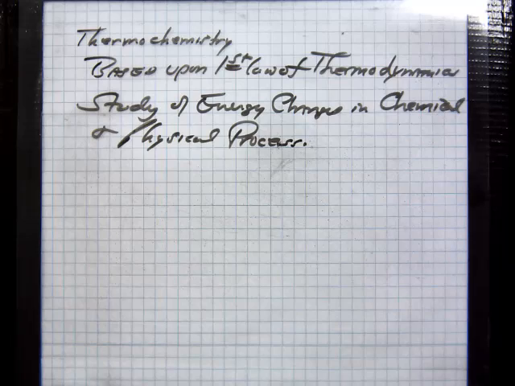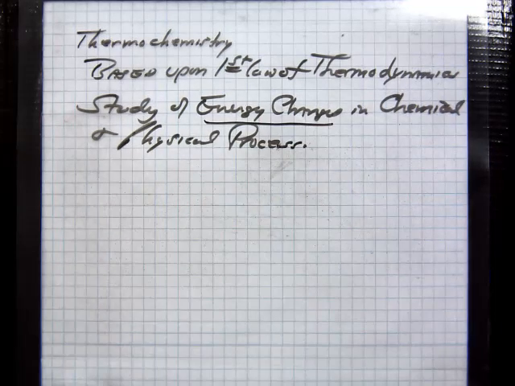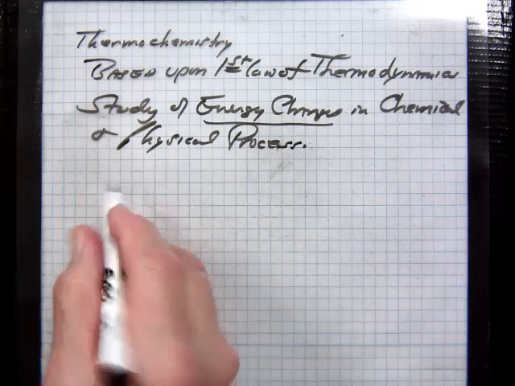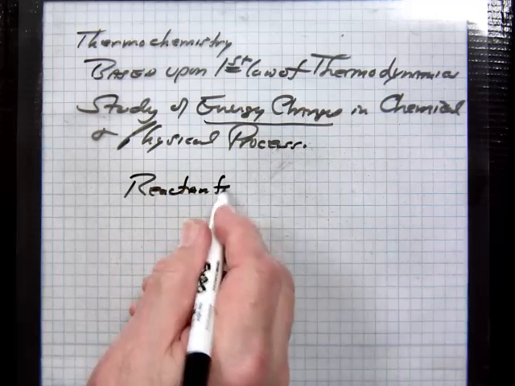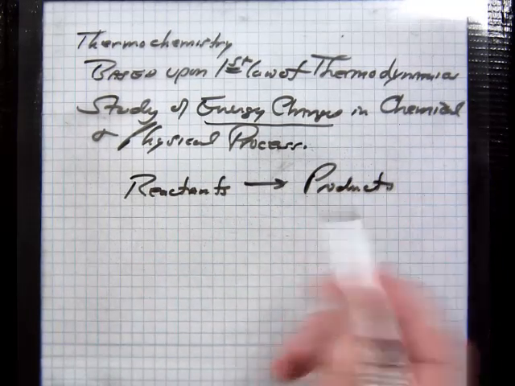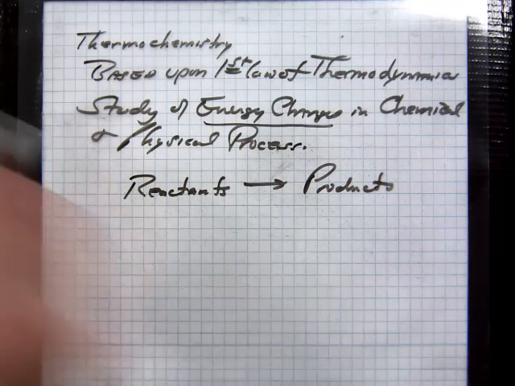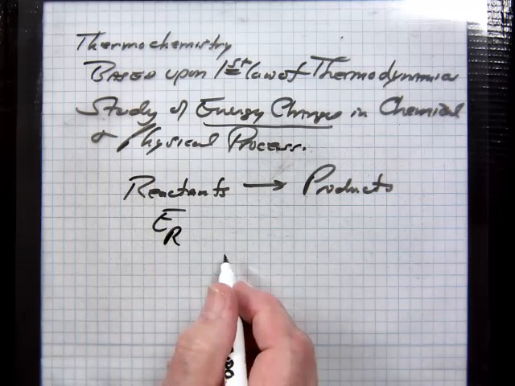So when we want to talk about changes, we have an initial and a final state. Well, that's what chemical reactions do. So for any chemical reaction, we have reactants going to products. And we say that before the reaction takes place, you have energy E of the reactants.